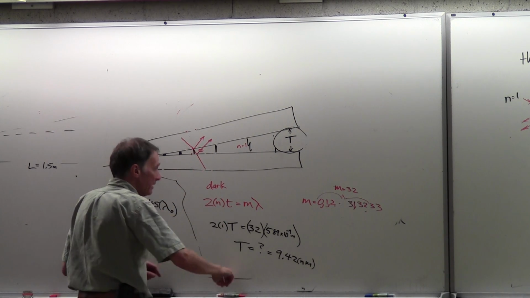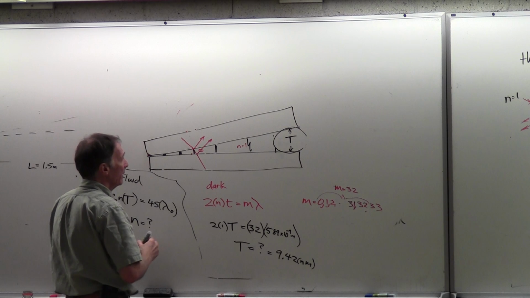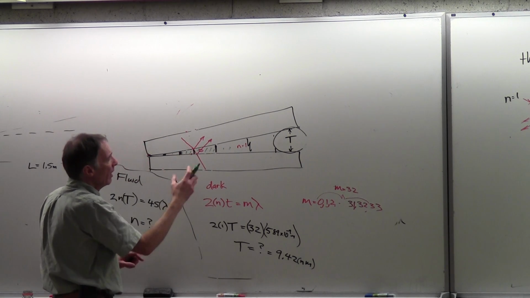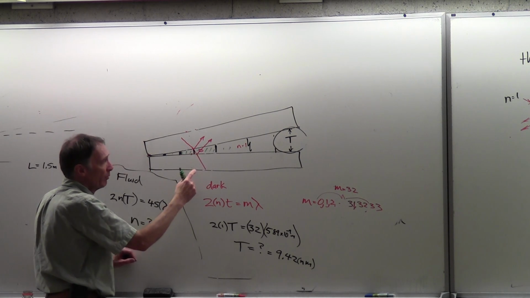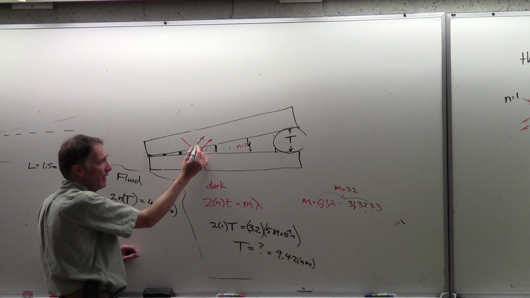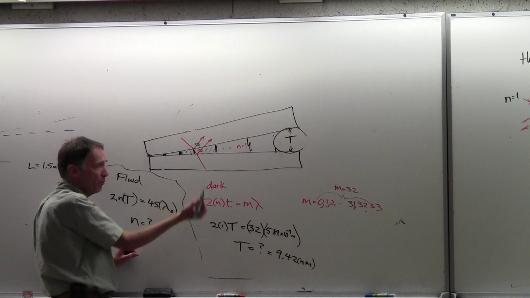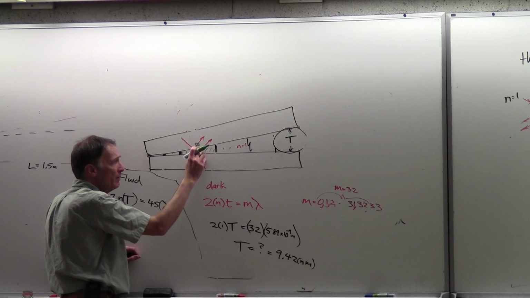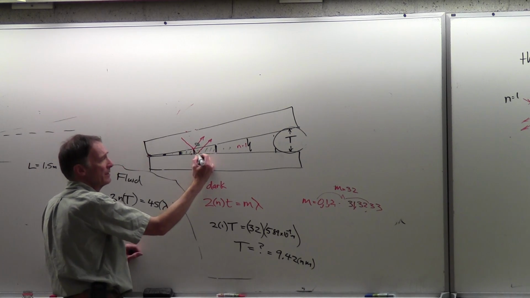Then if we fill that up with this fluid, we'd have a phase change on the reflection of the first one, but it would be transmitted in phase and there would be no phase change on the second one.